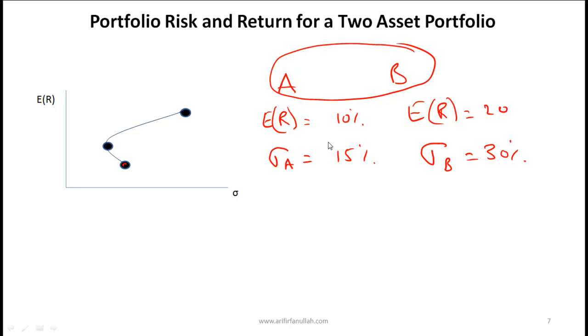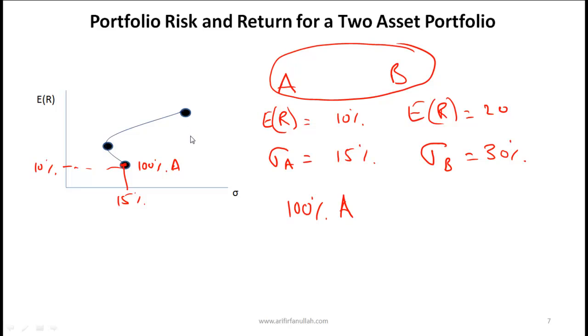So if you create a portfolio that is 100% invested in A, then the expected return of the portfolio would be 10%. So let's say that this portfolio represents 100% A. Then the expected return would be 10%, so that's this point, and the riskiness of this portfolio, represented by the x-axis, would be 15%.